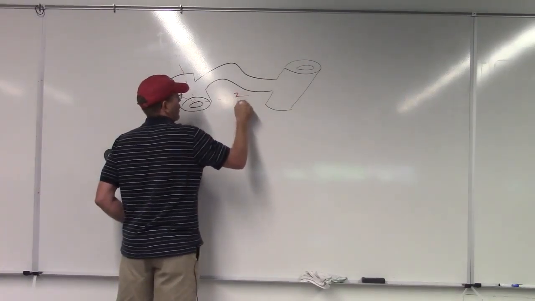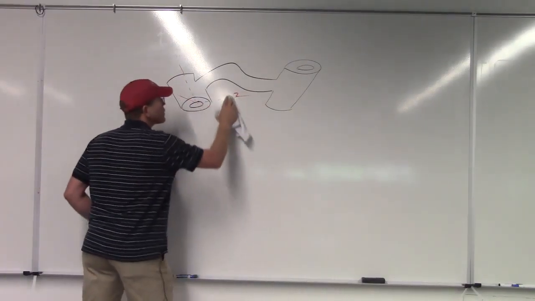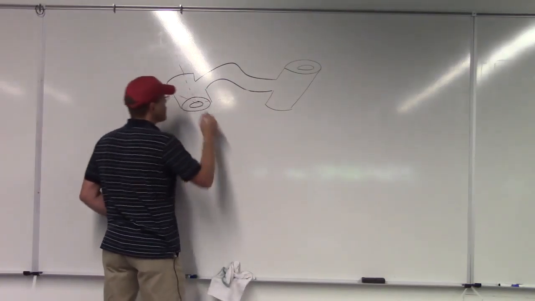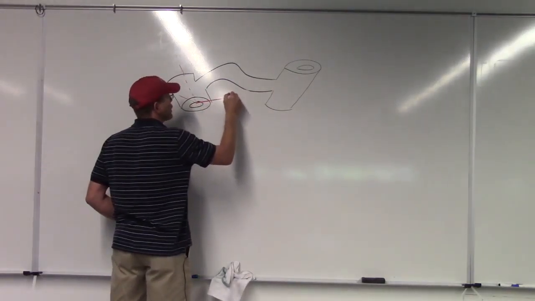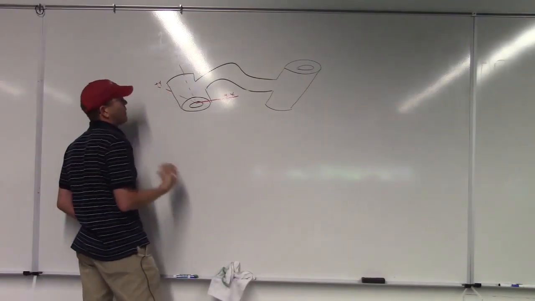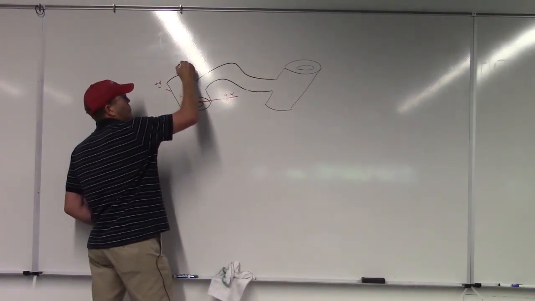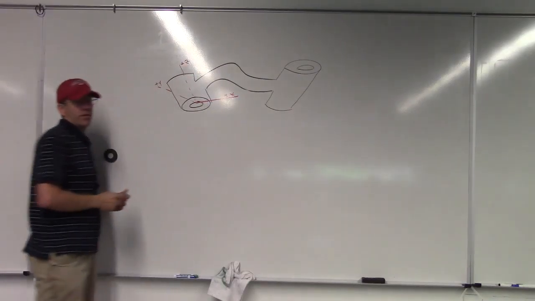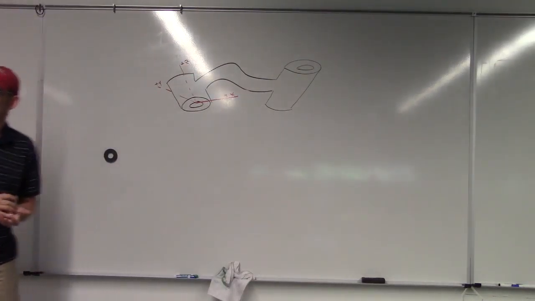So this would be our positive X, this would be our positive Y, following the right-hand rule, and our positive Z goes through the center rotation on that joint.